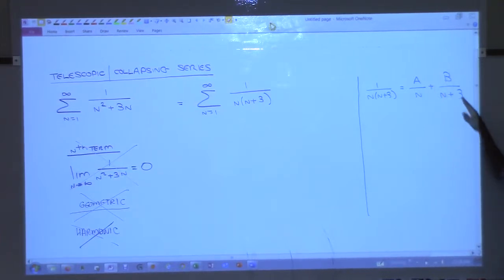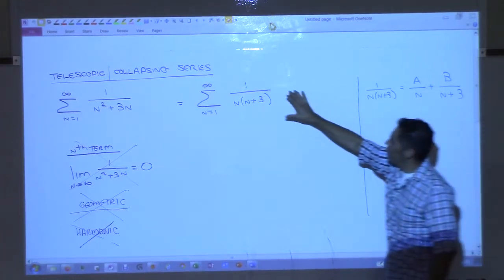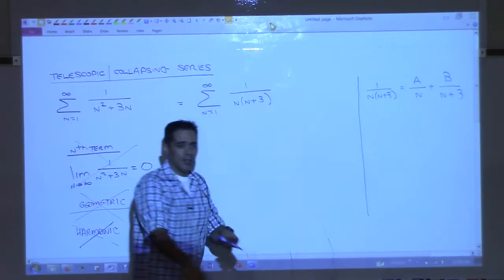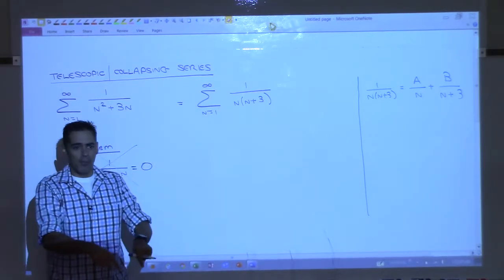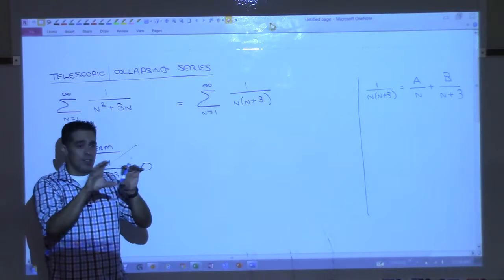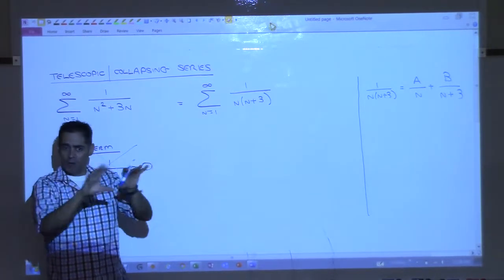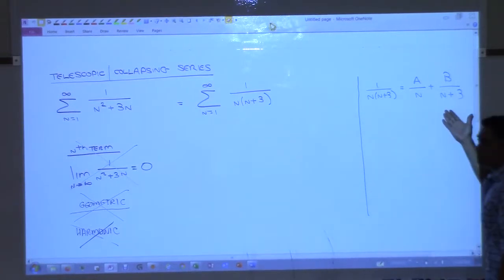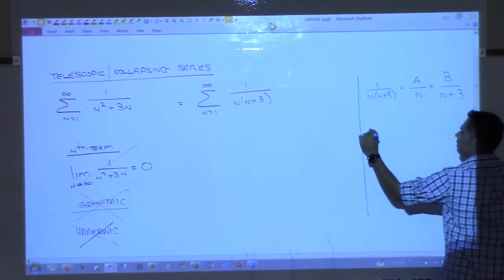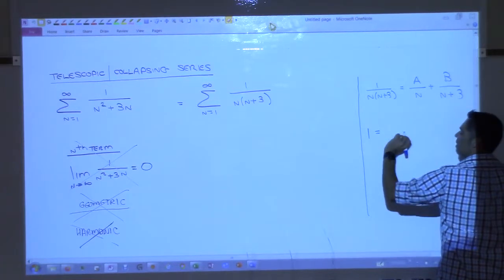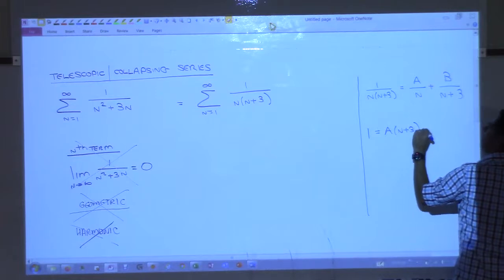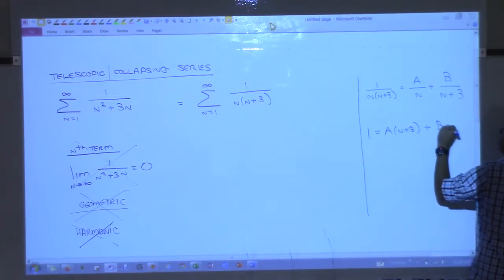And if I split it into 2 different pieces, then maybe I could use that property that I just put up on the board, that as long as they converge, you can put them together or split them apart, right? Okay, well, let's see. We're going to have to do this work. So 1 is a times n plus 3, plus b times n.